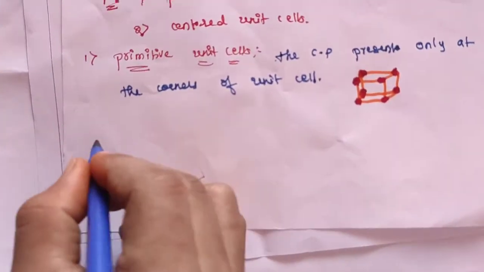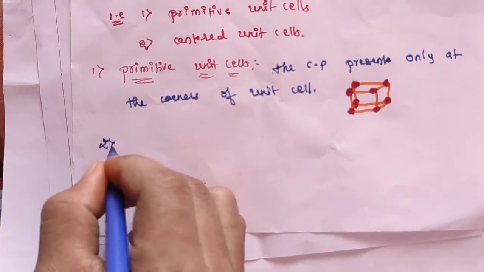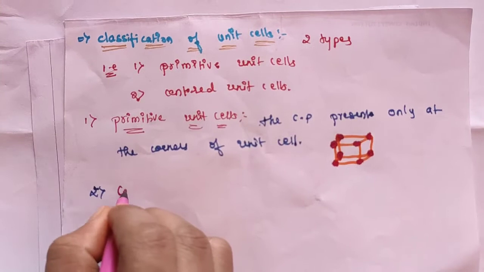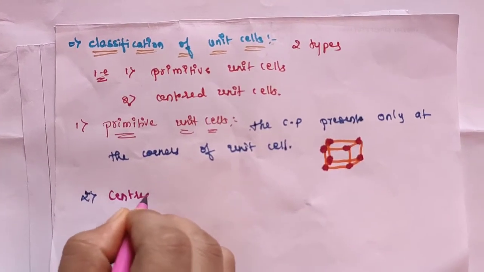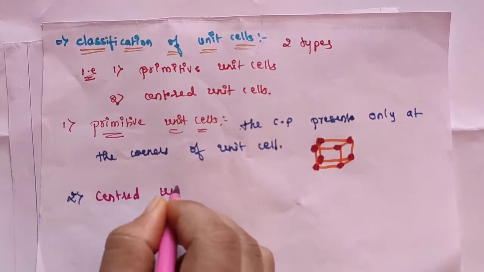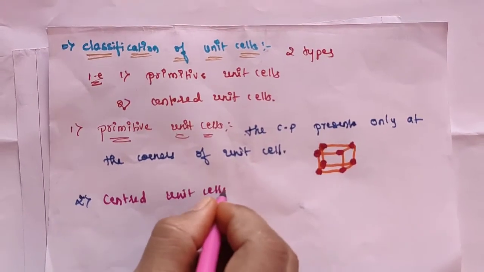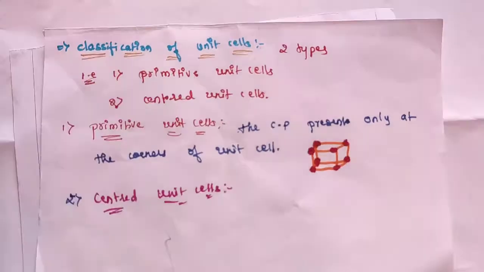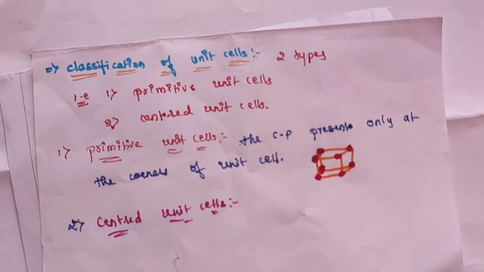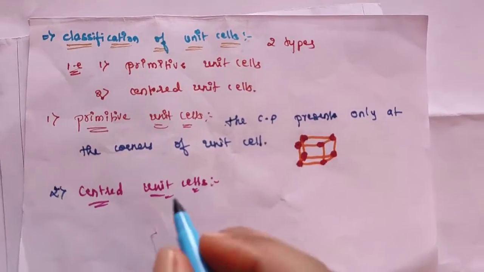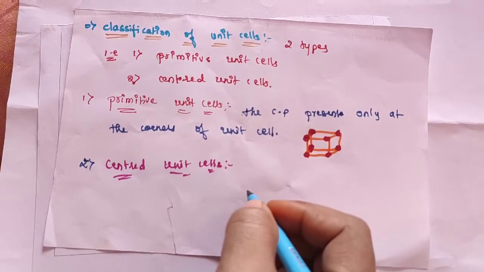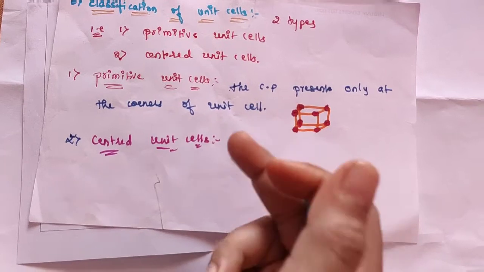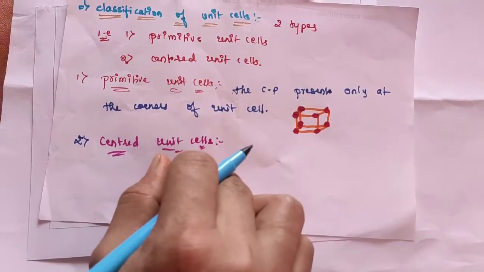So the second type of unit cell is known as centered unit cells. In this type of unit cell, the constituent particles are present at positions other than the corners, in addition to those at the corners.